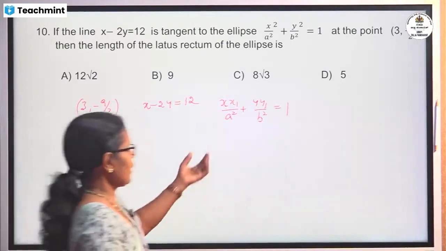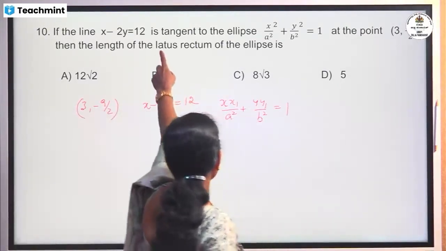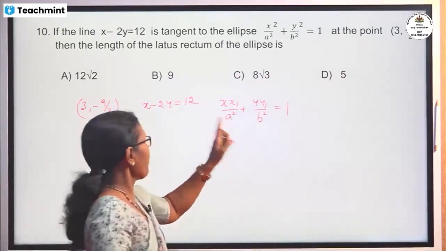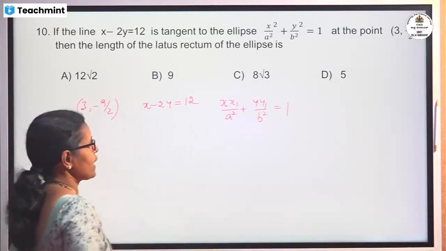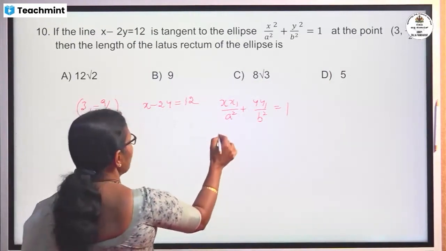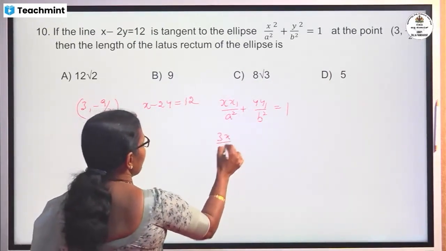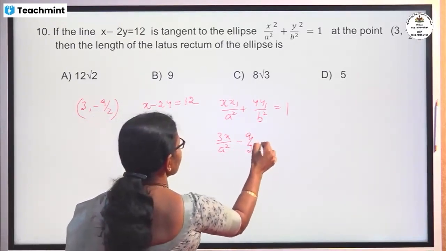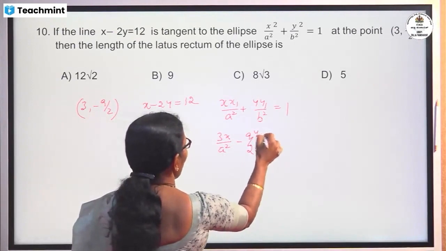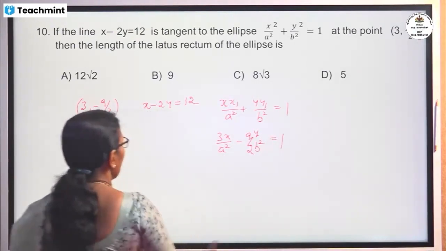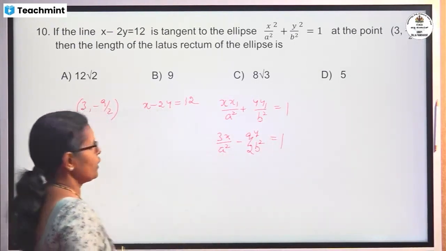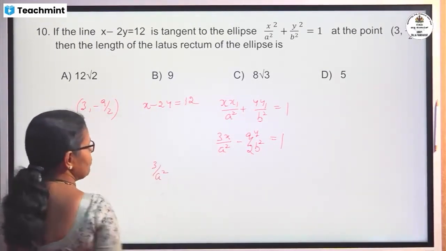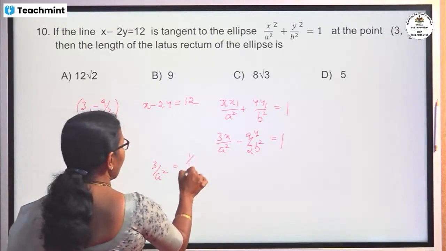Now the tangent to the ellipse at the point 3 comma minus 9 by 2 becomes 3x divided by a square minus 9 by 2 b square into y equal to 1. Now comparing these two equations, we get 3 by a square is equal to 1 by 12.